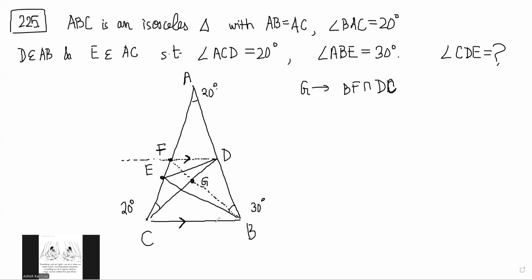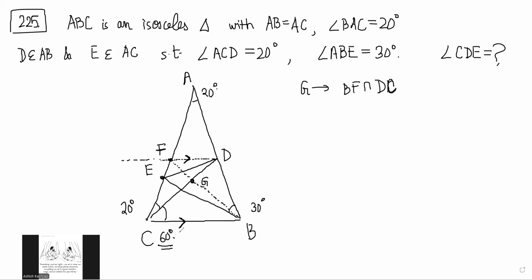Angle ACB was 80 and angle ABC was 80. So what is this much? This much is 60.